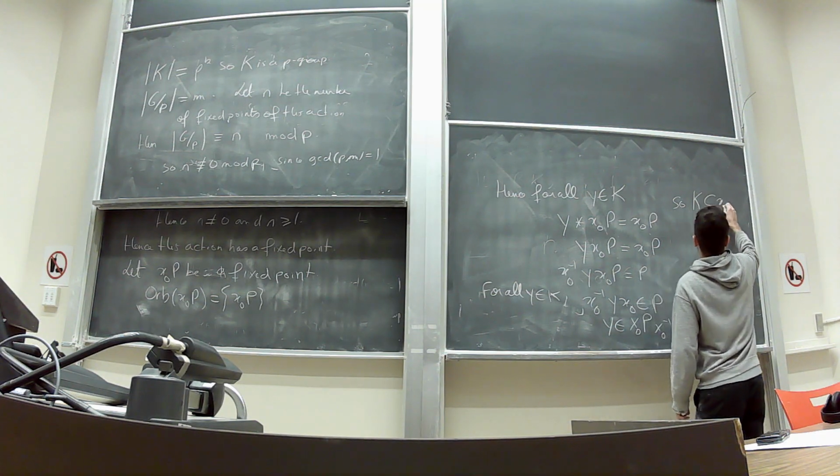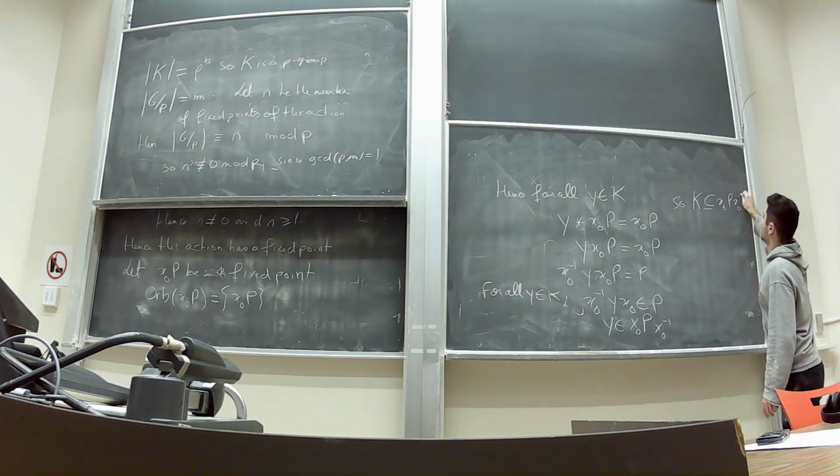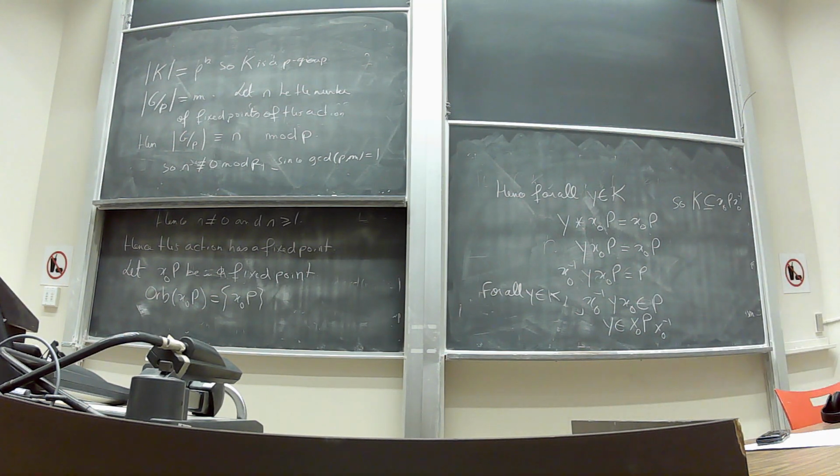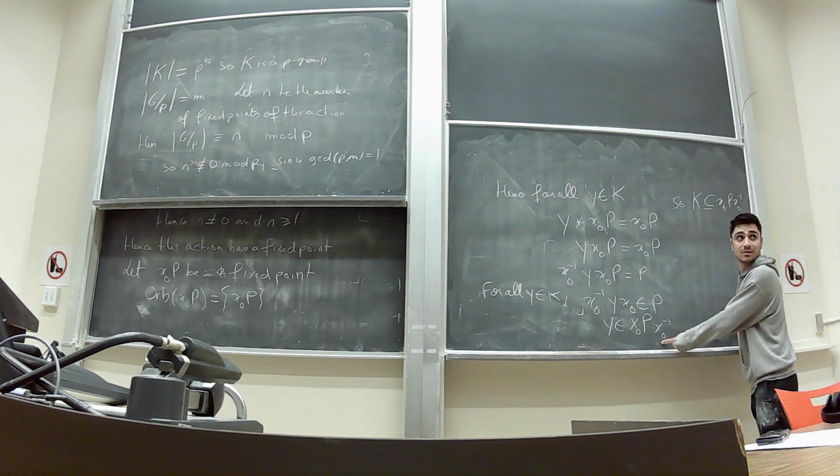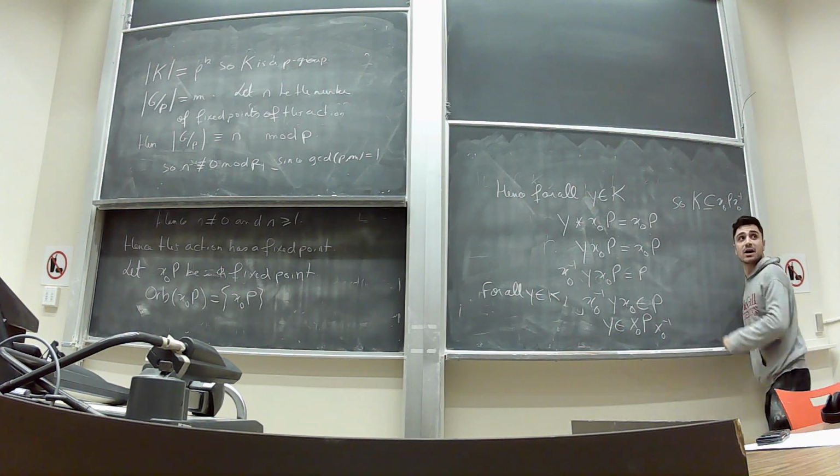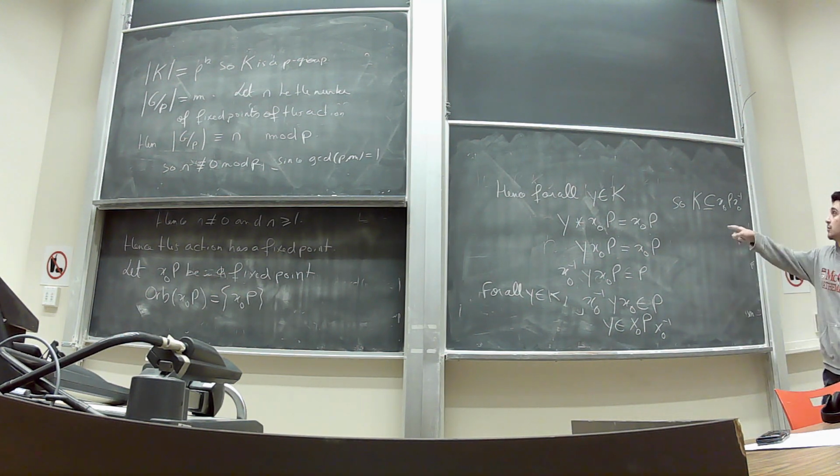So K is contained in x0 P x0 inverse. We agree? Follow the steps. y belongs to x0 P x0 inverse, and y is an arbitrary element of K. So K is contained in x0 P x0 inverse.